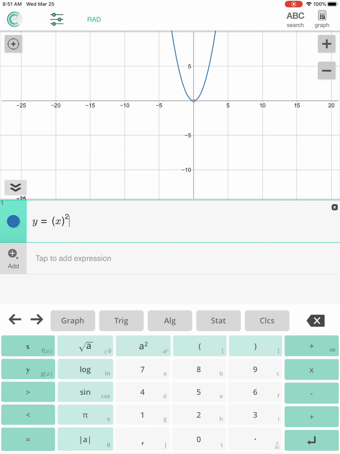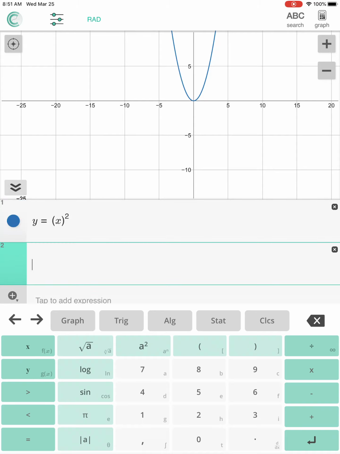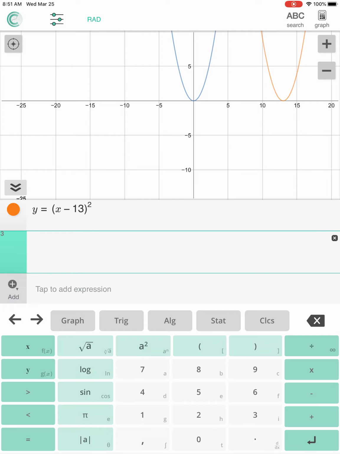Okay, and so now if I put the minus 13 in the middle here, let's go ahead and just write that as a different function. So if we add the minus 13, so x minus 13 squared, notice how that moved the 13 units to the right.